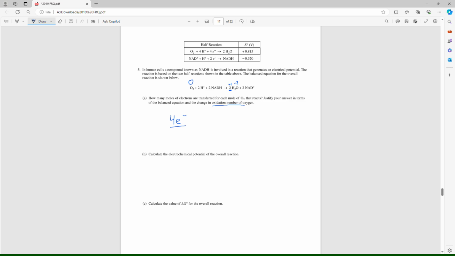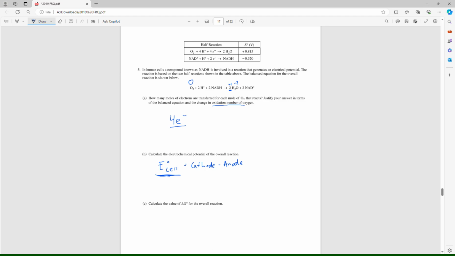All right. Calculate the electrochemical potential of the cell. We have E naught cell equals cathode minus anode. And almost always, the goal is to make E naught cell as big and positive as possible. We never, ever have to multiply E naught values by coefficients.